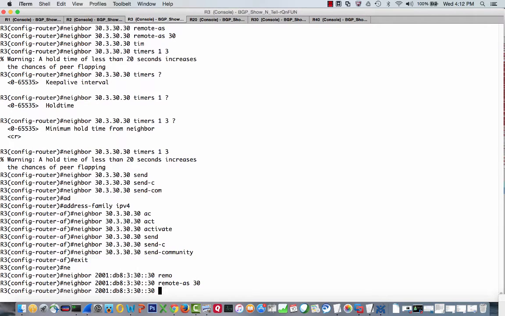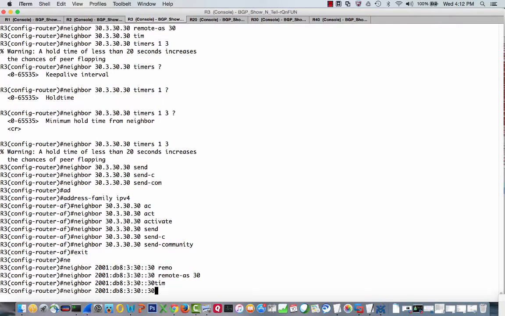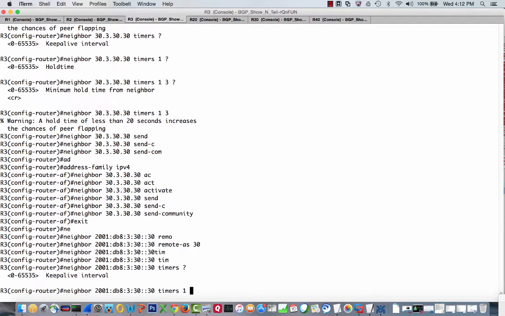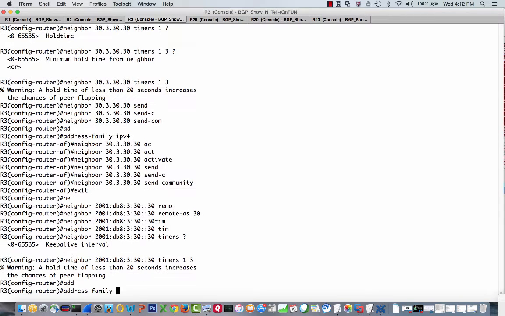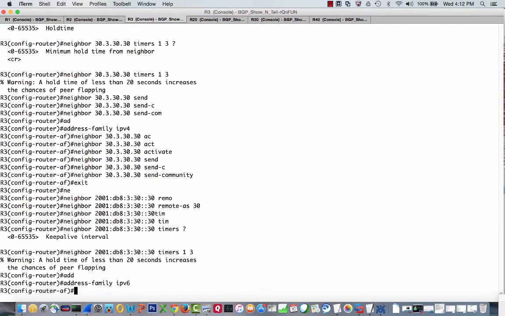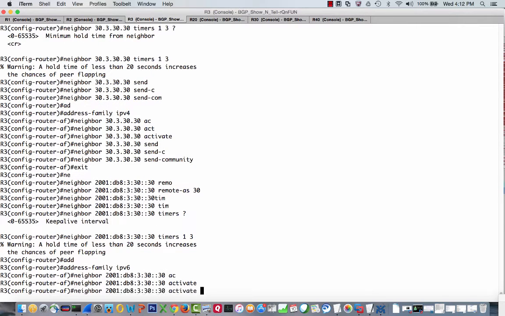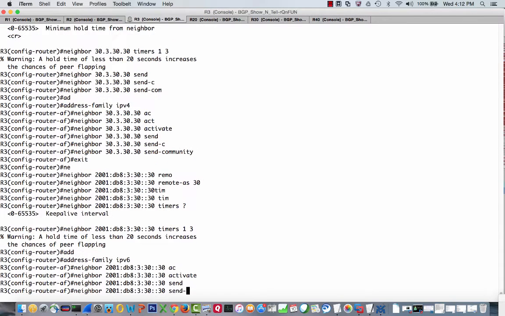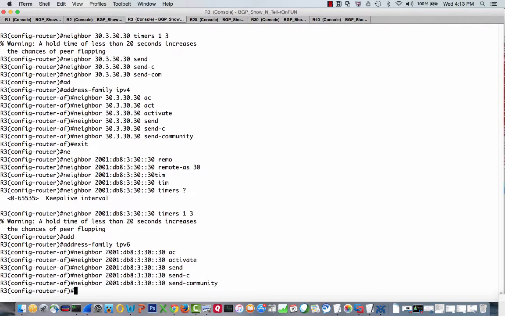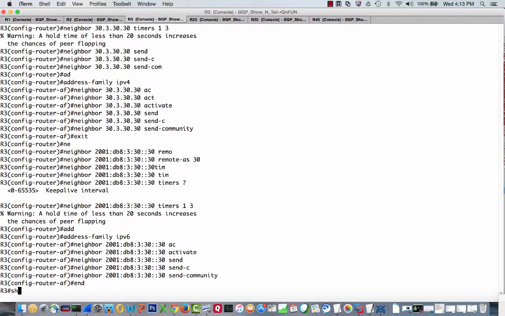And again, I would like my timers to be 1 and 3. Under address family IPv6, I would like to do an activate, and also a send community.